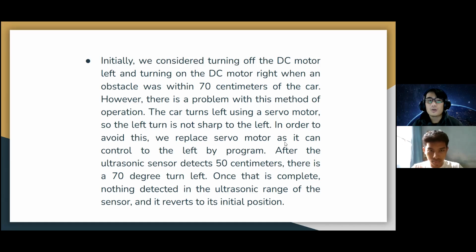In order to avoid this, we control the servo motor by program. After the ultrasonic sensor detects 50 centimeters, there is a 70 degree turn to the left. Once that is complete, nothing is detected in the ultrasonic range of the sensor and it reverts to its initial position.